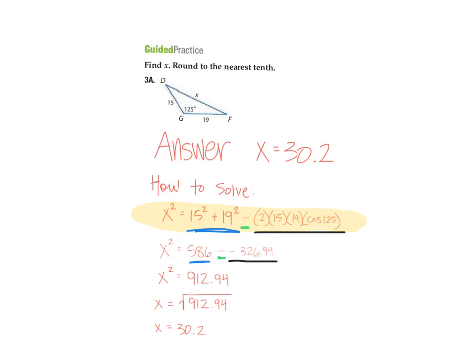Again, if you didn't get that answer, check your calculator and make sure that you're in degrees, not in radians. Subtracting a negative really means that you're adding a positive. 586 plus 326.94 equals 912.94. Then you can take the square root of both sides, and we get 30.2.